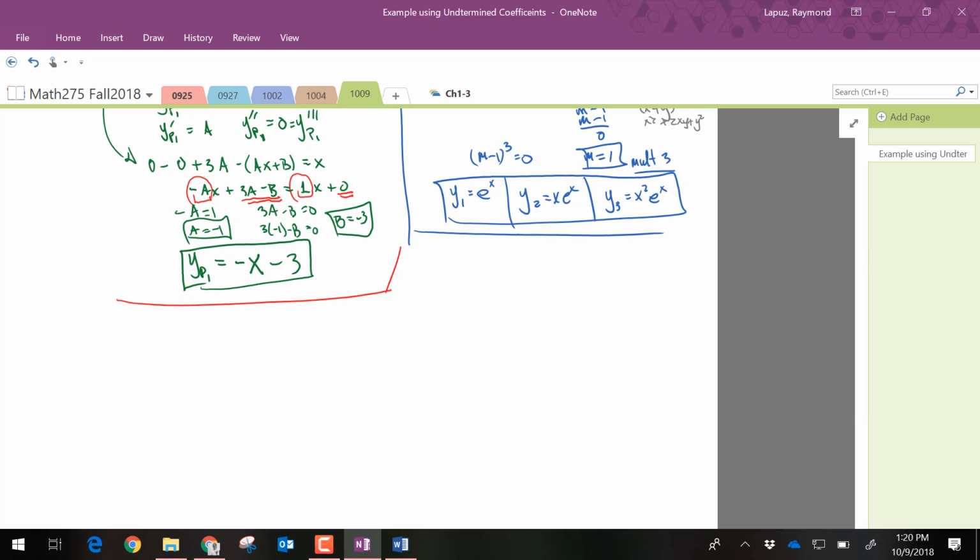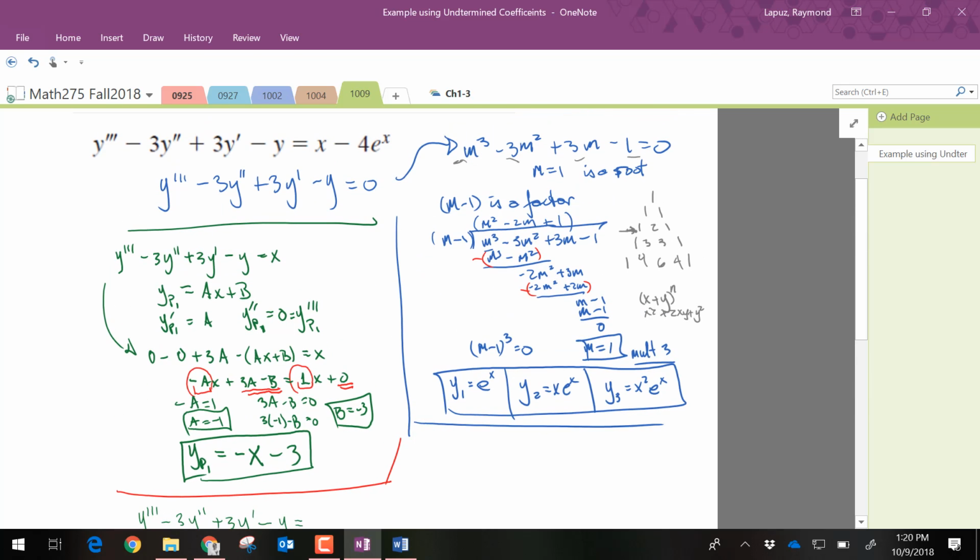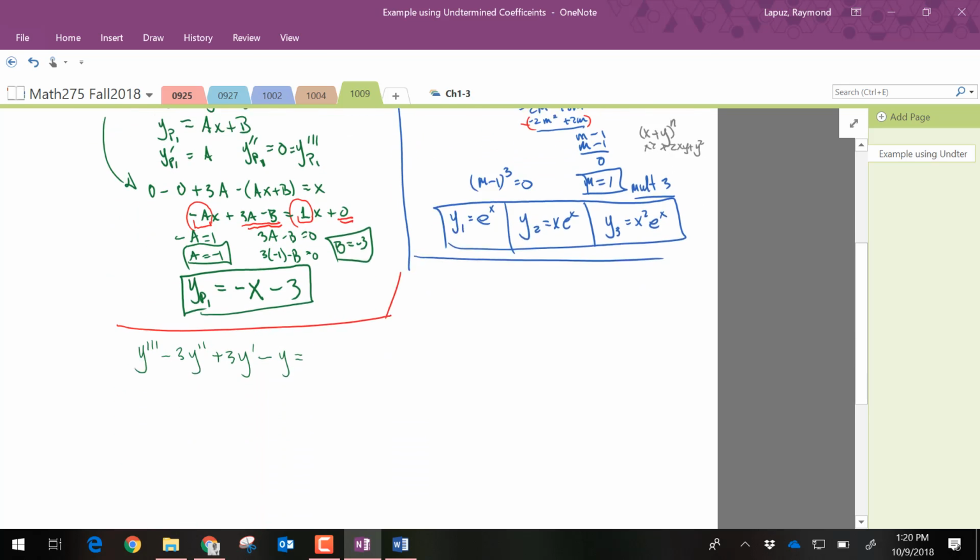So the other one is to solve y triple prime minus 3 y double prime plus 3 y prime minus y is equal to minus 4 e to the x.